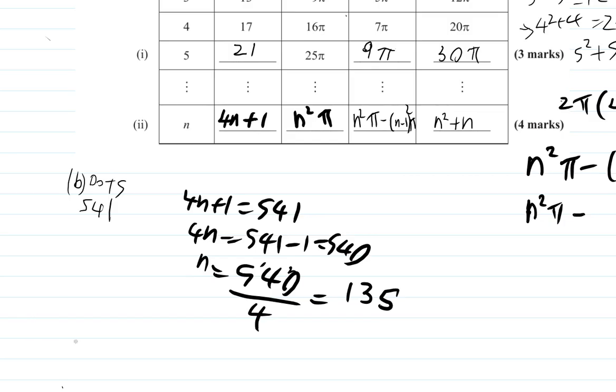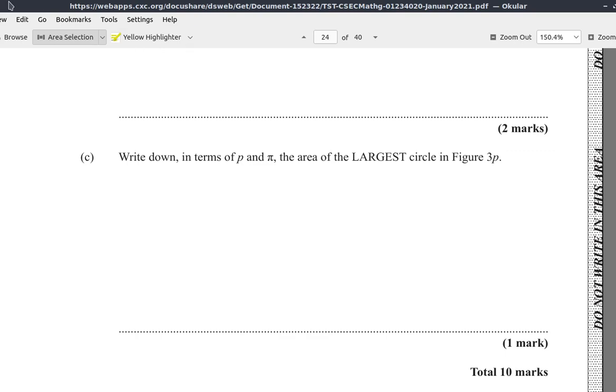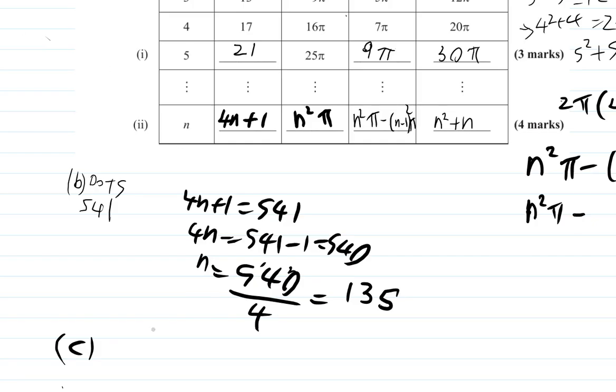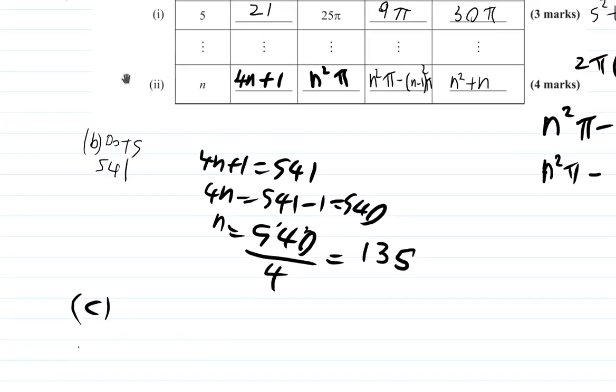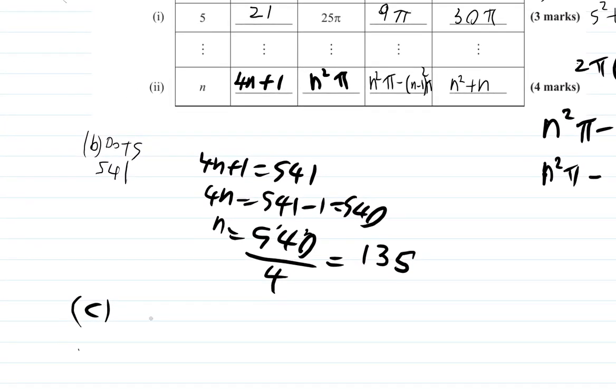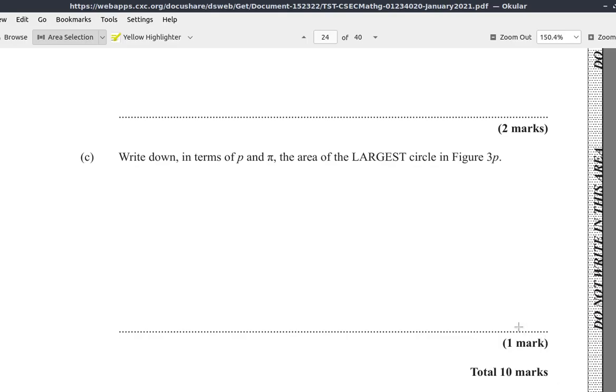Part C of the question. The area of the largest circle in figure 3P. Area of the largest circle, n squared pi. So in figure n it is n squared pi, so in figure 3P it is 3P squared pi, which is 9 P squared pi. Well, that's what I have here.